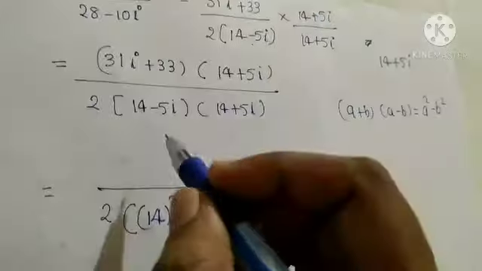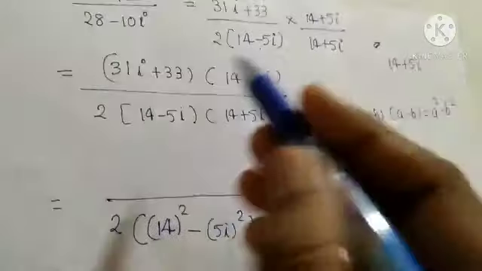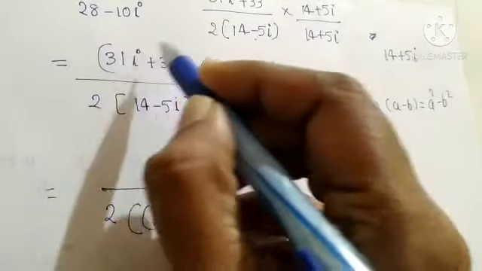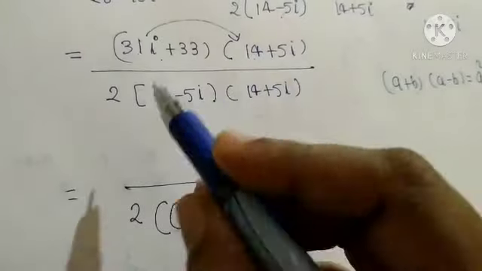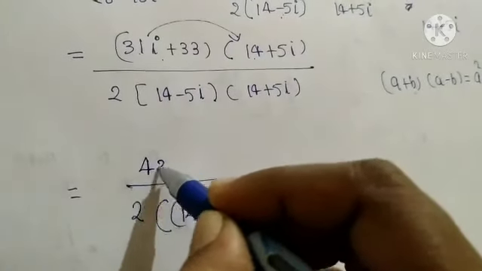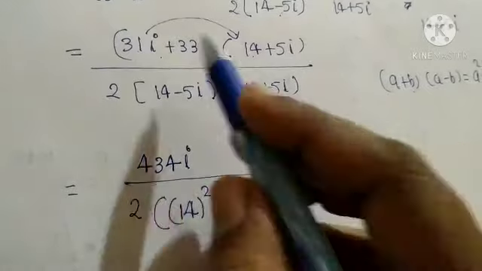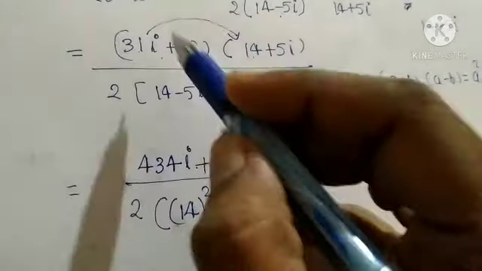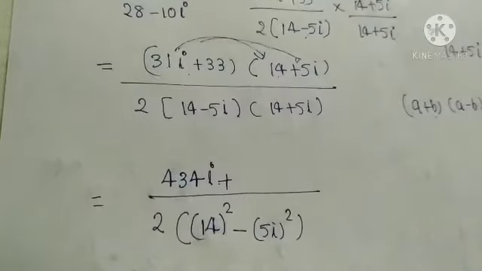And in the numerator I am going to multiply these two complex numbers. It will become 31i into 14 will become 434i, plus 31i into 5i.